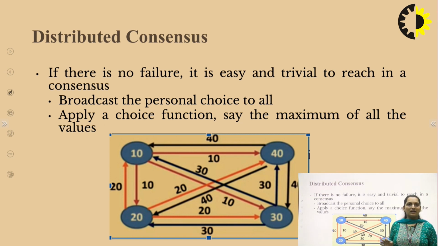If we are having a distributed environment and there is no failure, no crash, nothing, then it is easy to reach our consensus. We will get a positive result, and that result has to be correct also.